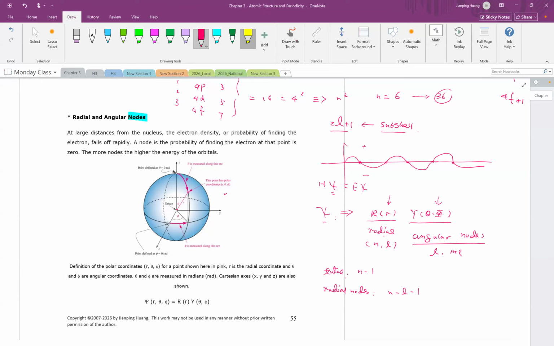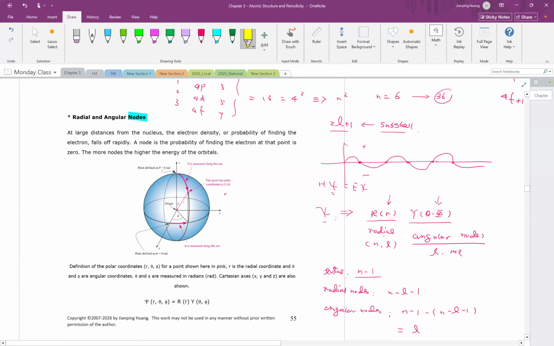Now, can you tell me what the angular nodes are? Because the total one, n minus 1, minus n minus L minus 1. Do the math. Do you think it's L? Yes or no? Now, can you make notes?